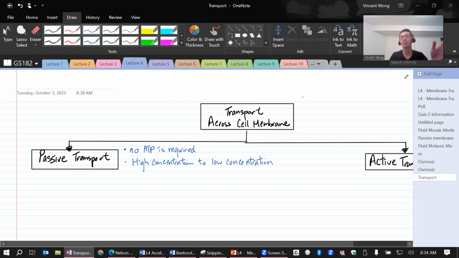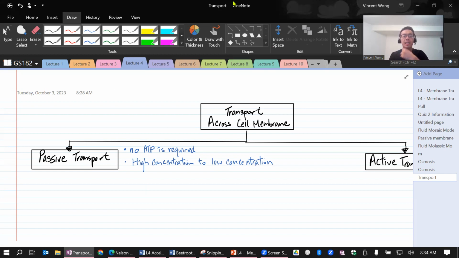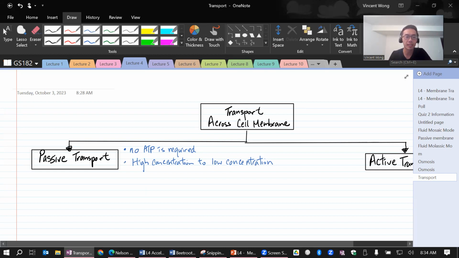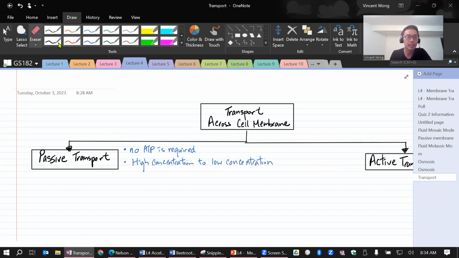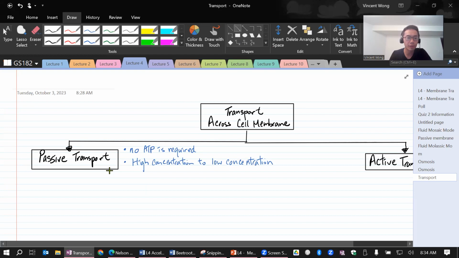Okay, so this happens spontaneously on its own. No energy input from the cell is required. We're going to go to active transport in a bit, but let's break this down into a few more categories.